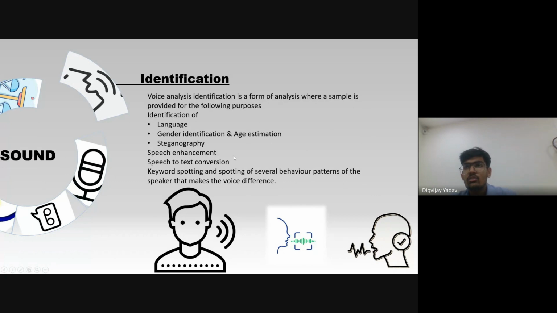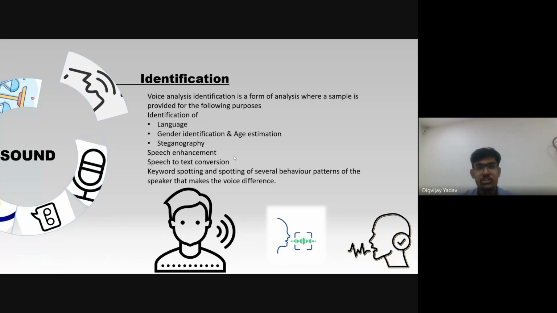Identification also is very important in spotting keywords and several behaviors that are specific to any individual. For example, a person who says "too much" or anything else that is very characteristic of a specific person helps us identify whether that person is the suspect or not.